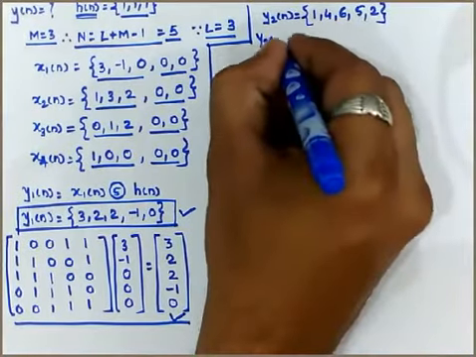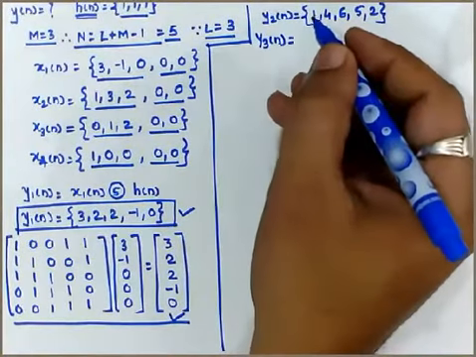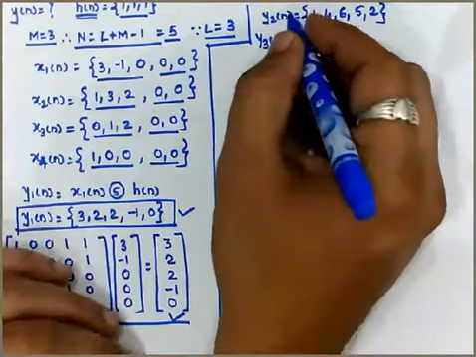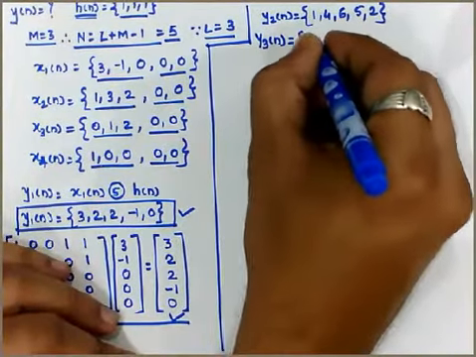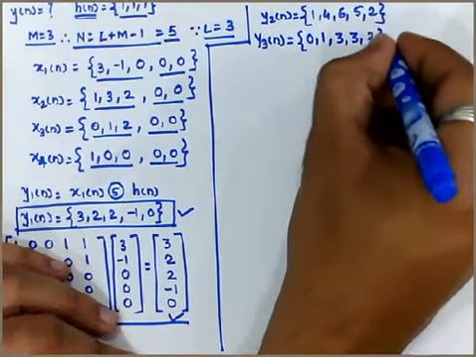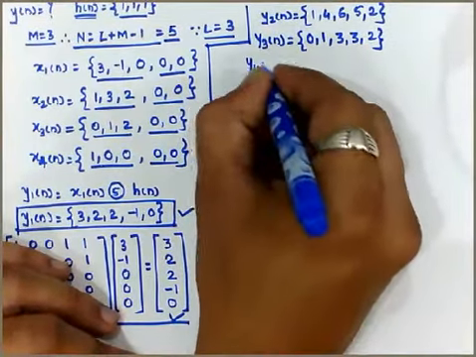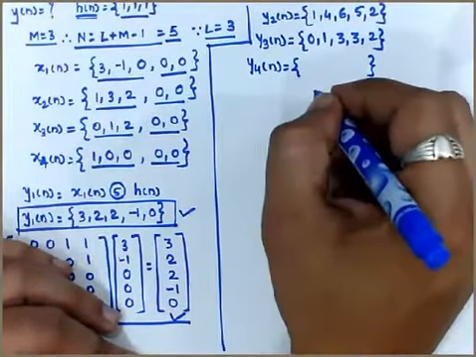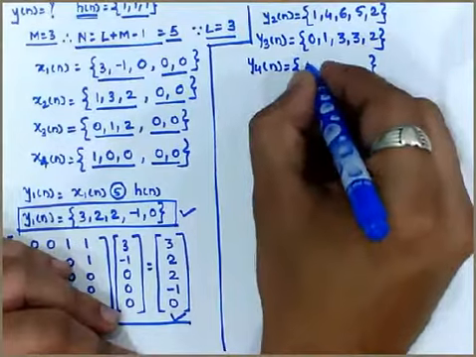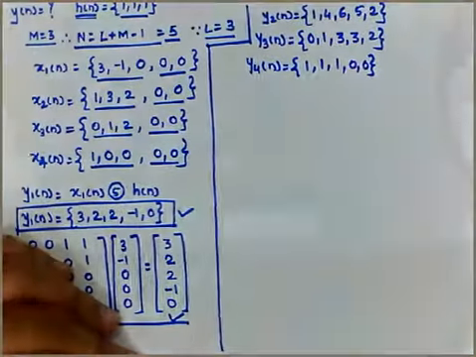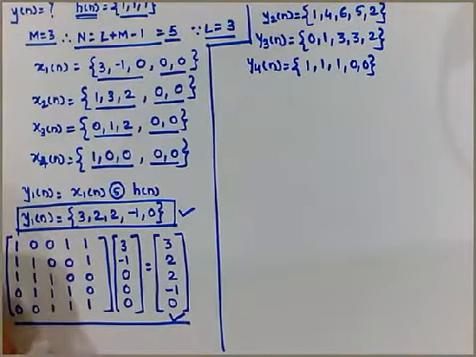Similarly, y3 of n will be nothing but the value which is provided, like after calculation it is 0, 1, 3, 3, 2. This is what y3 of n, and y4 of n, that is calculated like, let's say it is 1, 1, 1, 0, 0. This is what the y4 of n.